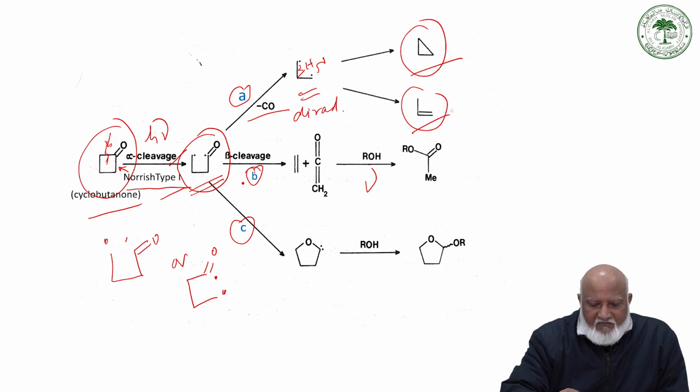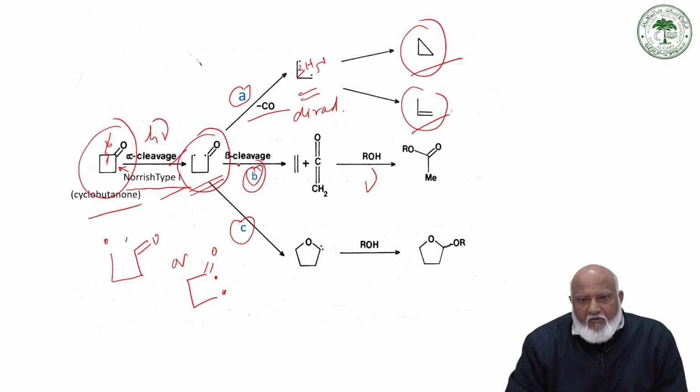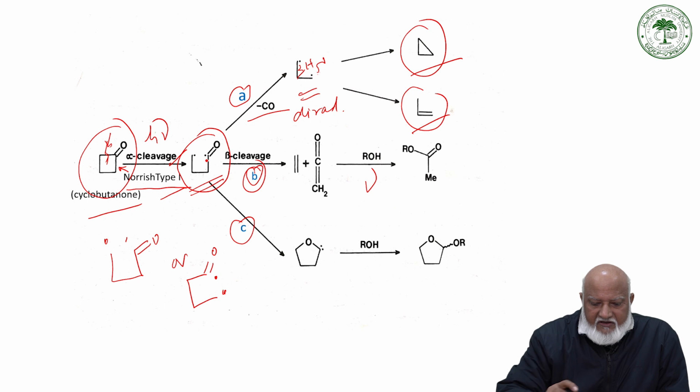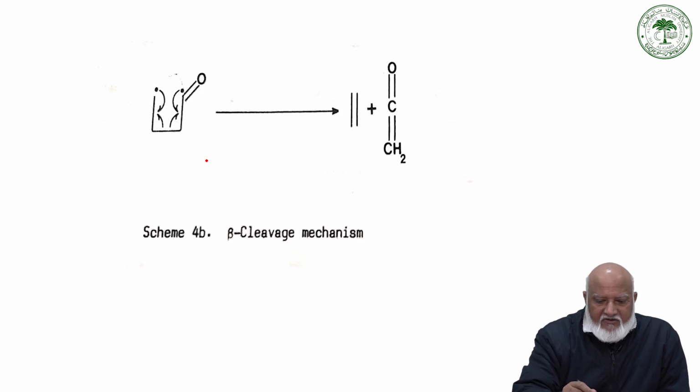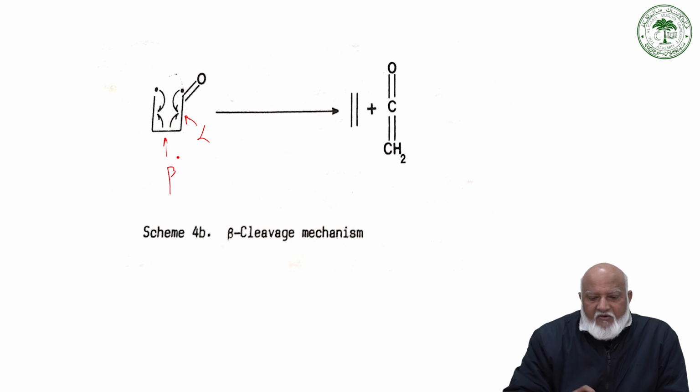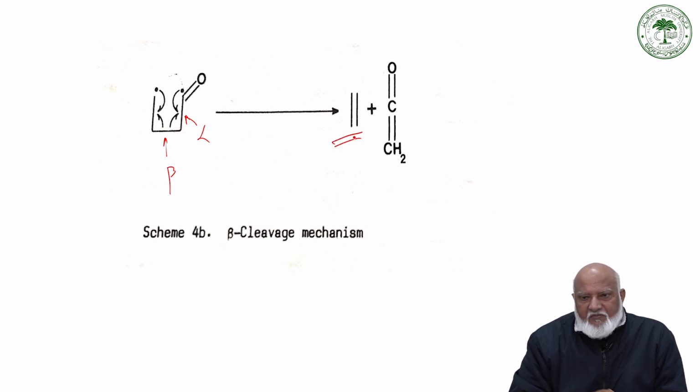Path B is the beta bond cleavage. This is an alpha bond, and this is a beta bond. Beta bond cleavage gives an alkene as one neutral product, and ketene as the other product.